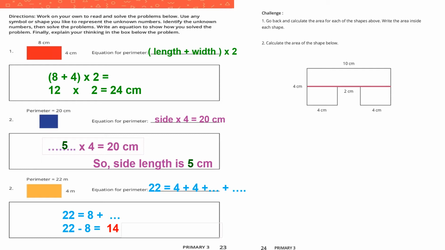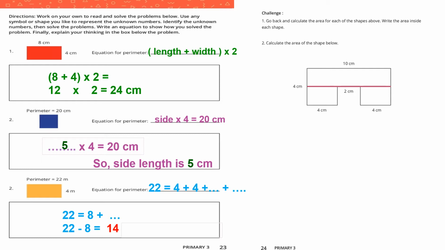So I will subtract 22 minus 8 to find this length. 22 minus 8 equals 14. Okay.